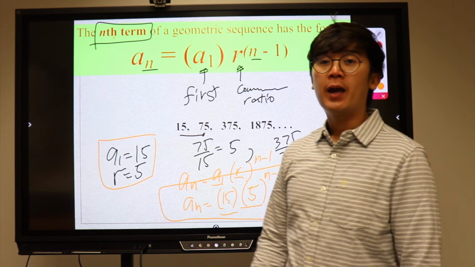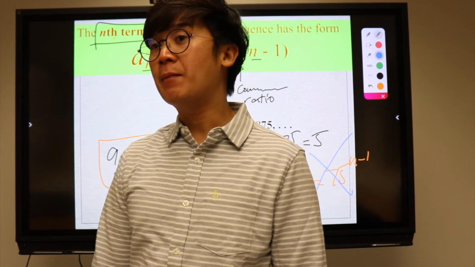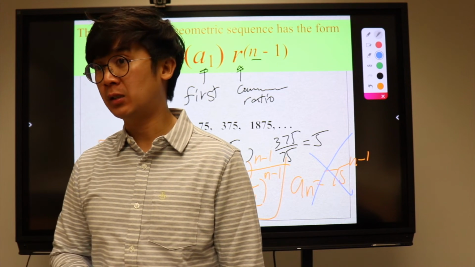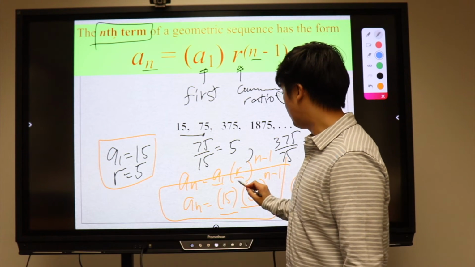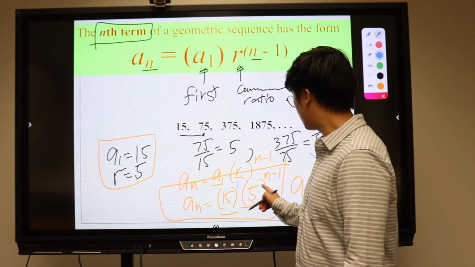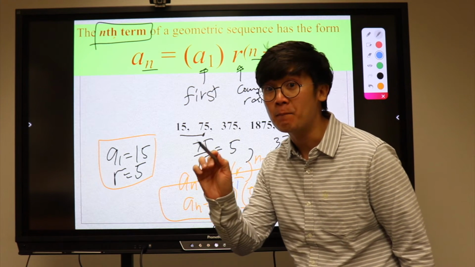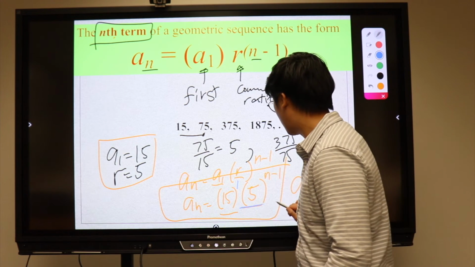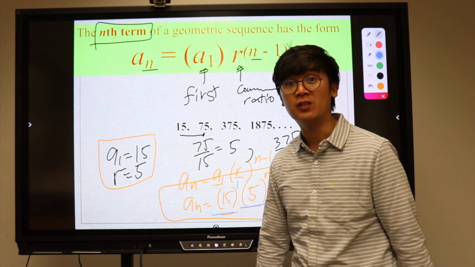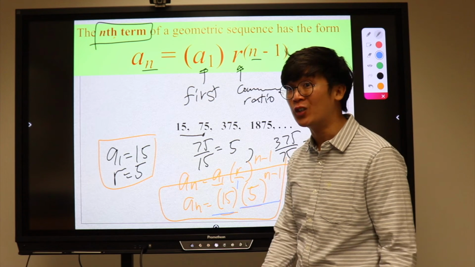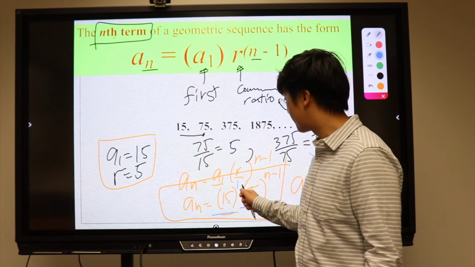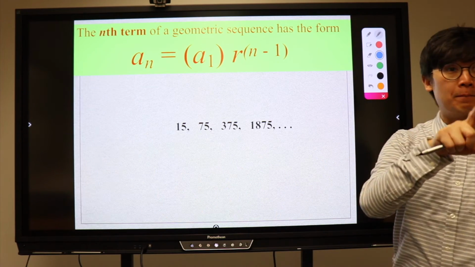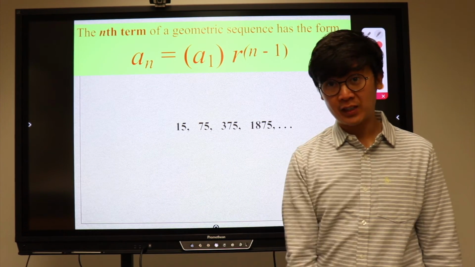No. In mathematics, you cannot multiply numbers with different exponents. This one has an exponent of 1, and this one has an exponent of n minus 1. You cannot combine them because you need to evaluate this first before you can combine it with 15. Since you cannot evaluate or simplify it, that is your answer. So know your math fundamentals and laws of exponents.